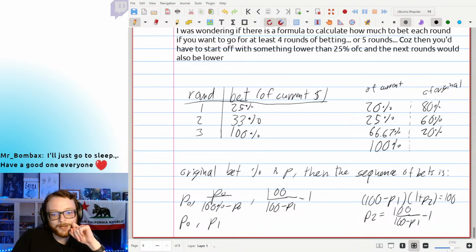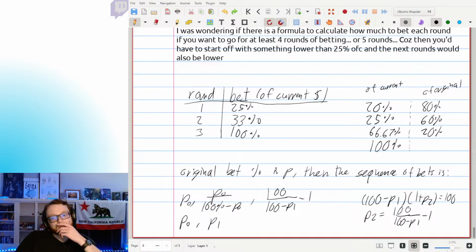Now, does this pattern repeat for any P's going on? I think this 100 might need to change. Or does it? It does. This term is whatever our remaining wallet has, or whatever our remaining points are. That's why this thing is so weird.